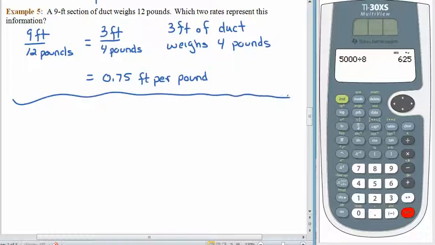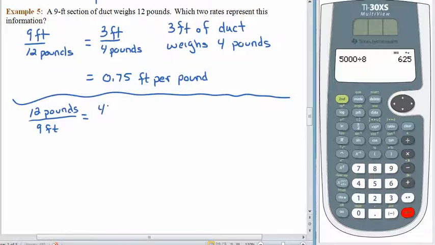comparison. Well, they asked us for 2 rates, so let's go the other direction. Let's compare pounds to feet. If we have 12 pounds for every 9 feet, writing the fraction in lowest terms, this is just the reciprocal of what we had before.